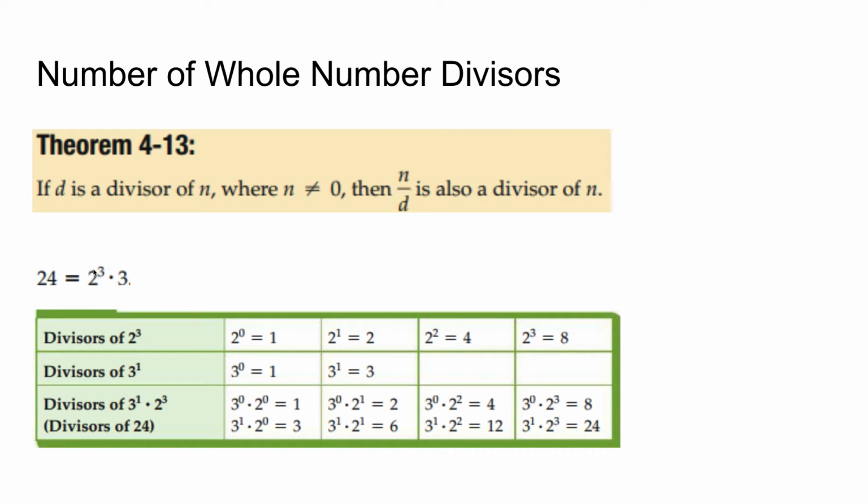The total number of divisors of 24 was 4 times 2, so 3 plus 1 times 1 plus 1. Always just 1 more than the exponent. Multiply those two together, then you can find the number of divisors of that certain number.